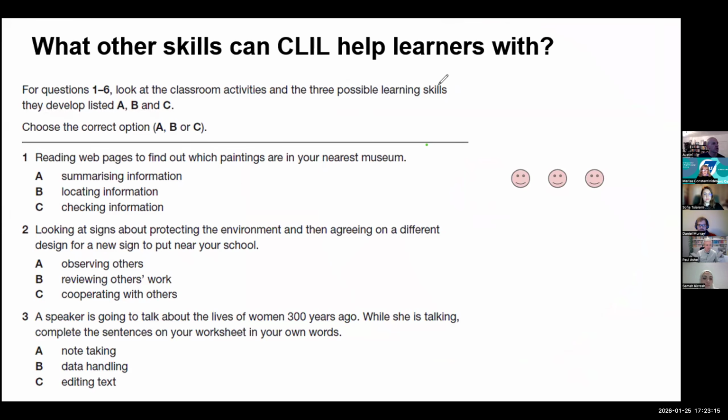I don't know if I would pass that CLIL test. One is B, maybe. I would say locating that specific information, isn't it? You know, reading for specific information.